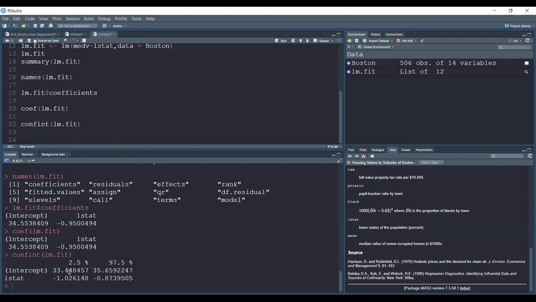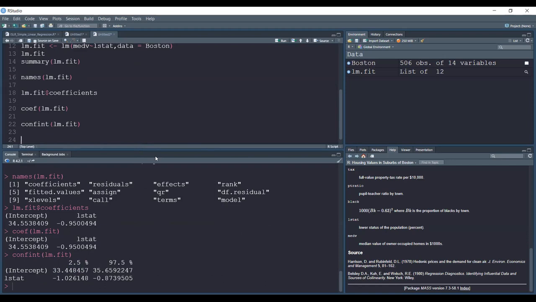And these are the endpoints. This is 95%. You're ignoring the first 2.5% and you're ignoring the final 2.5% region. You could do it manually if we remember our formulae.